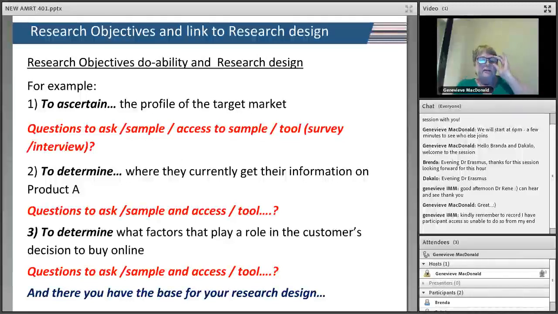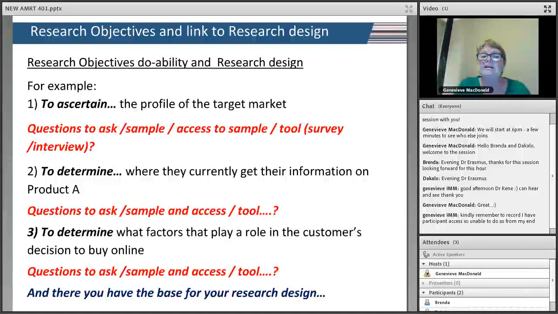So, if I do my research objectives specifically enough and doable enough, I should already be able to think about what questions I should ask these people to find out what the profile is. What are my typical questions to determine a target market profile?